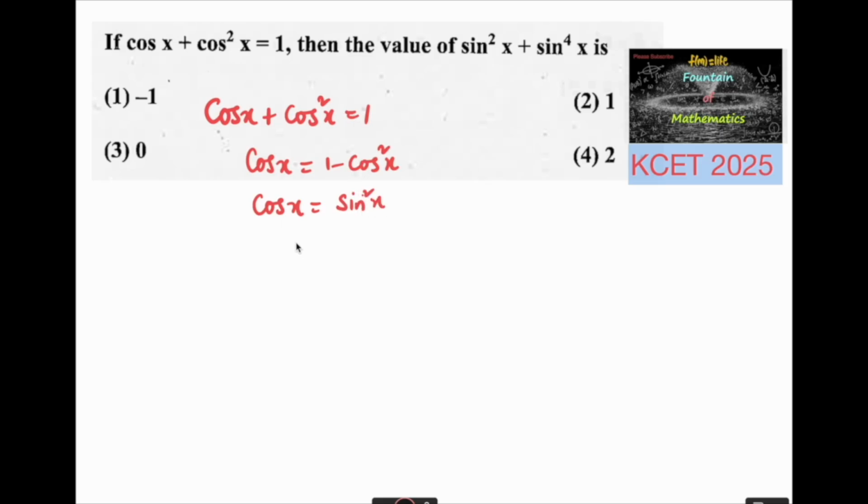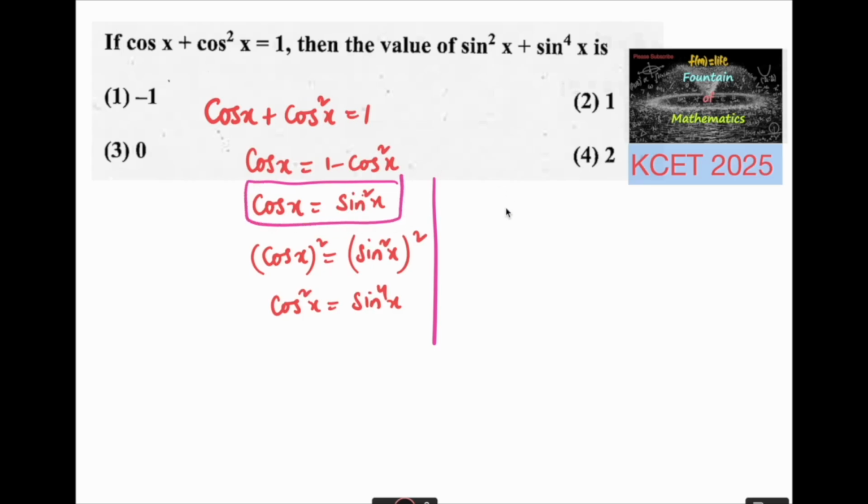On squaring both sides, cos x whole square is equal to sin square x whole square. That is cos square x is equal to sin power 4x. So here we can write sin square x is equal to cos x, and sin power 4x is equal to cos square x.